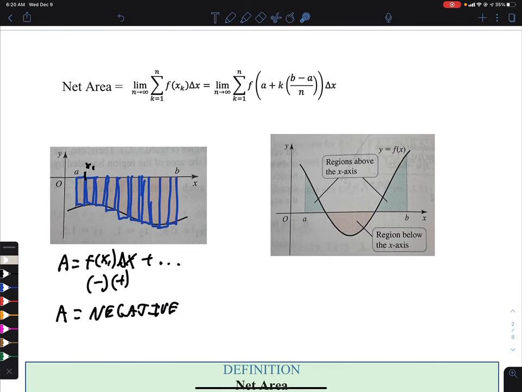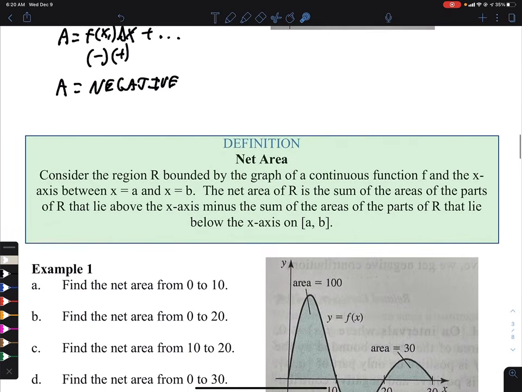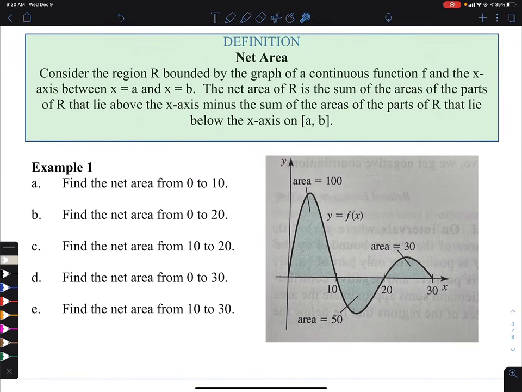So that's the definition. Now, as we read this, consider the region R bounded by the graph. So here's a graph of f. Here's the x-axis. And the regions bounded between are here, here, and here. That's the area enclosed by the x-axis and your function.